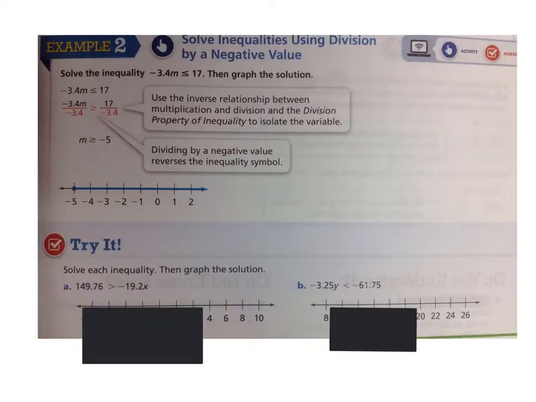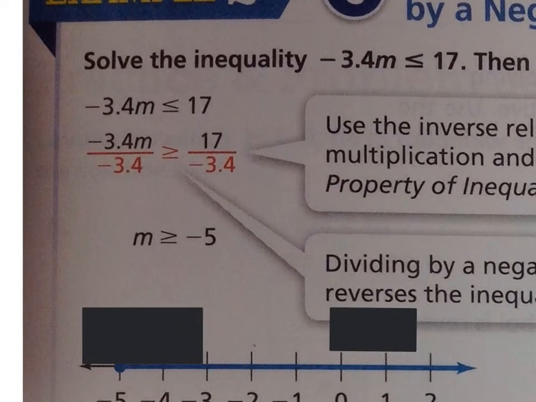So look at example 2. Solve the inequality -3.4m is less than or equal to 17, then graph the solution. On this problem, you can see the variable is being multiplied by -3 4/10, so they divided by -3 4/10.